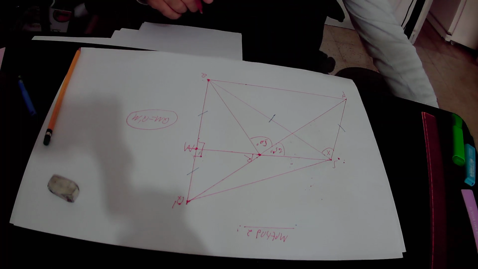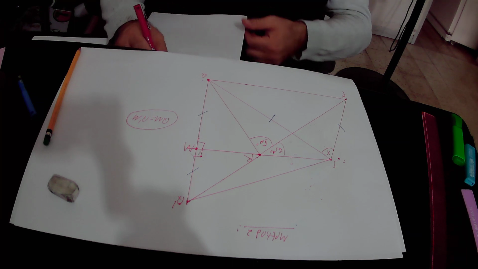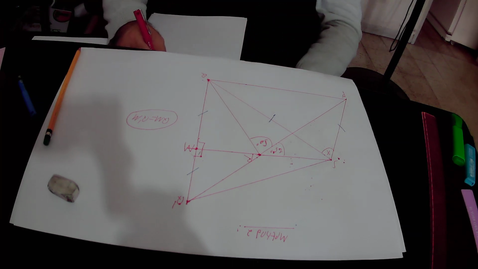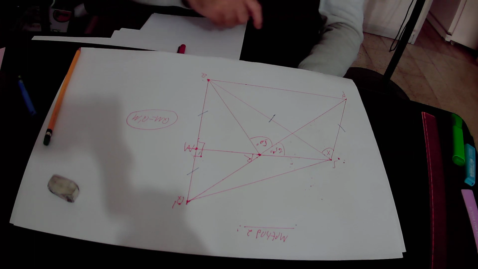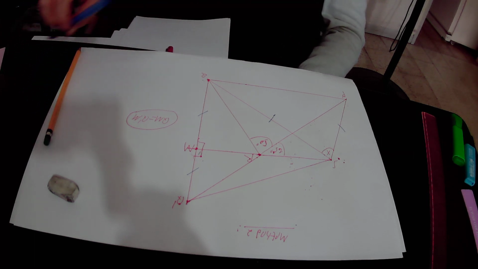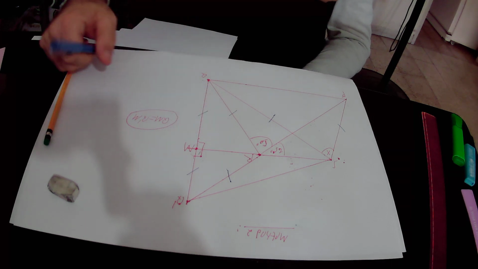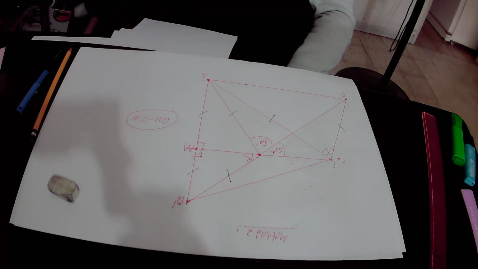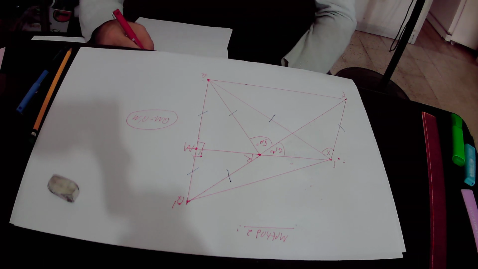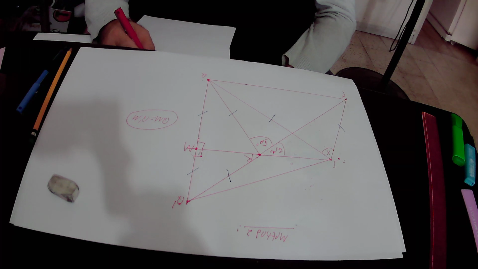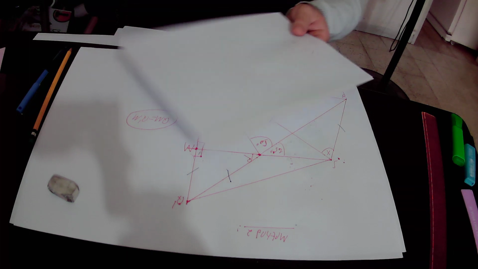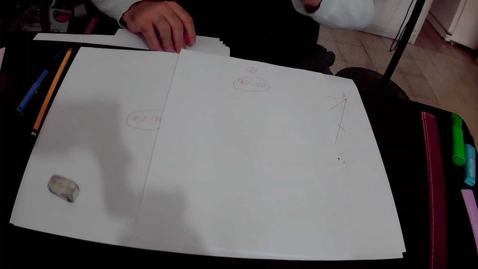So from the fact that the right triangle QMR can go into the right triangle Q dash MR, we can conclude that side QR equals side Q dash R, according to the rule that corresponding sides in congruent triangles are equal to each other.